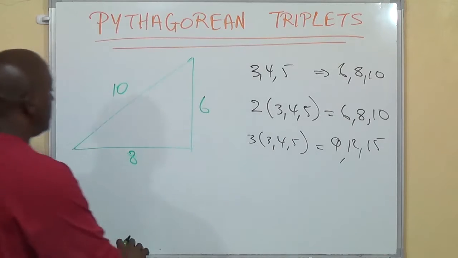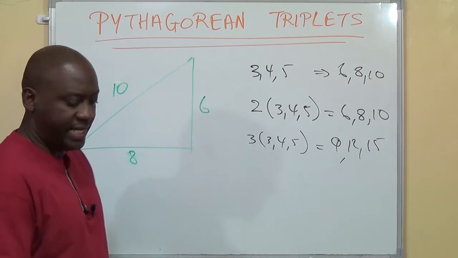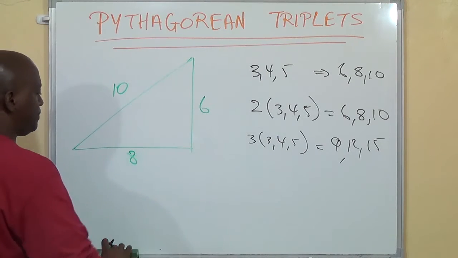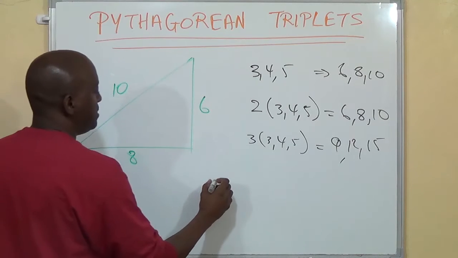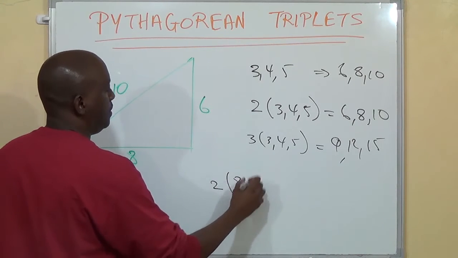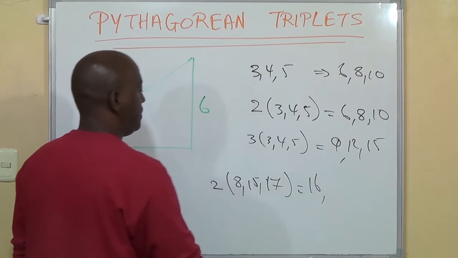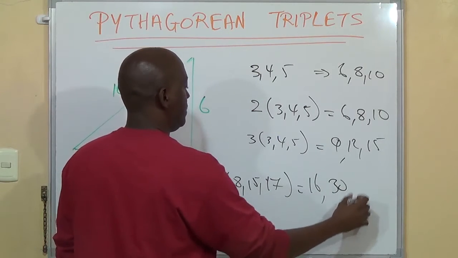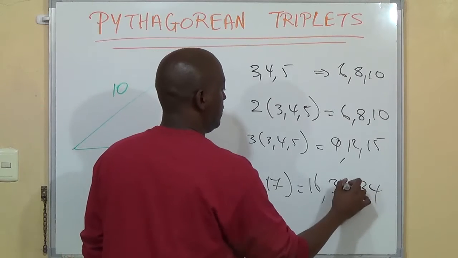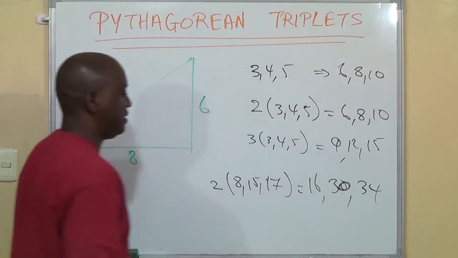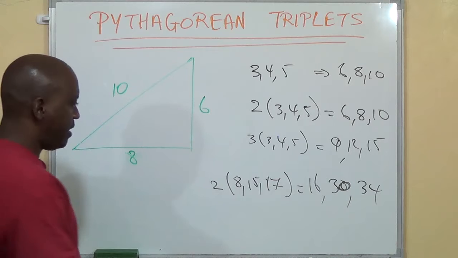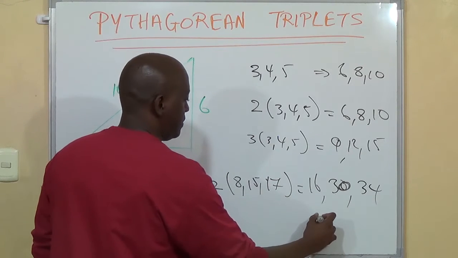So let me try one of the others. Let us say we have the 8, 15, 17 triangle. 2 times 8, 15, 17 is equal to 16, 30, and 34. So we'll need a calculator for this. The square of 16 is 256.